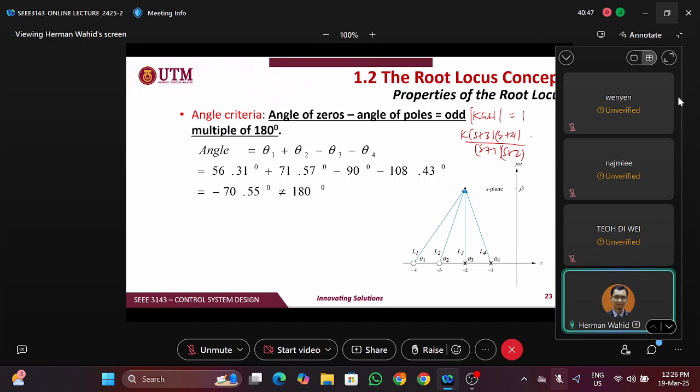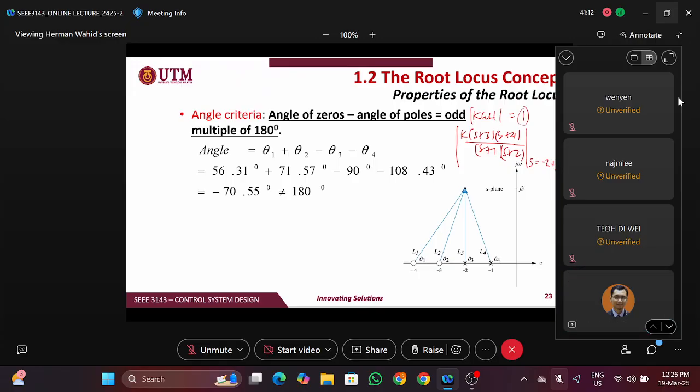We put the modulus, and we want to test at negative 2 plus j3. By right, if we know all those parameters, we can solve this and see whether finally we get 1 or not.